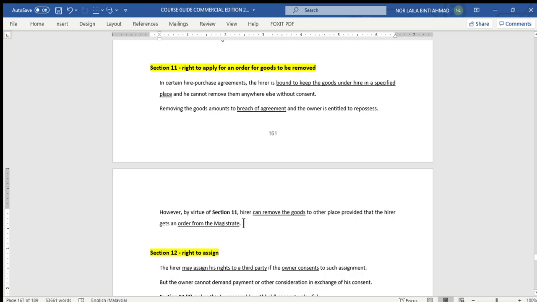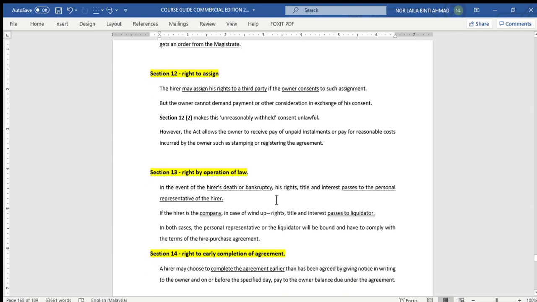But it depends on the jurisdiction, the locality. Let's say you registered your car in Seremban and then you nak remove to KL. So tak perlulah you nak apply from the magistrate. Let's say you nak move to Sabah, so you nak bawa kereta you, so you have to apply from the magistrate.